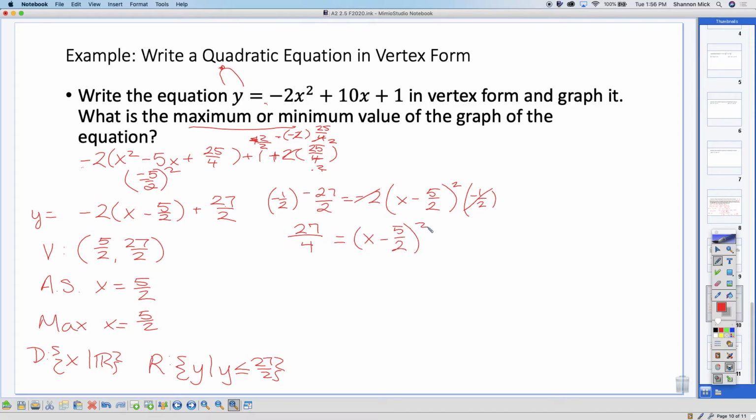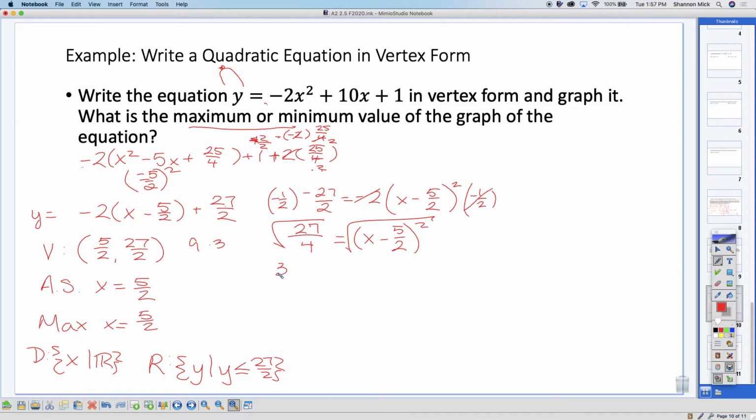Then what? Square root, right? You did problems like this in your assignment. You solved these, right? Okay. So 27 is 9 times 3, yes? What is the square root of 9? 3.